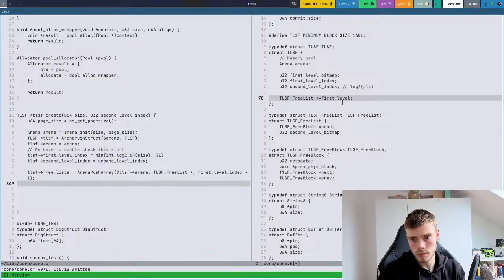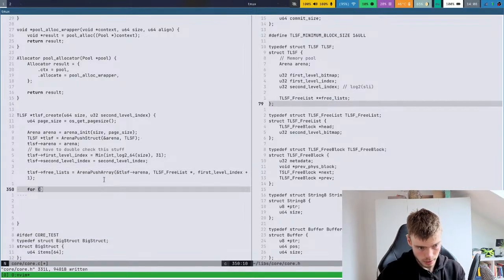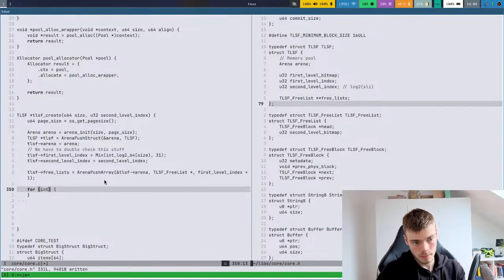First level free list, oh, free lists, I don't know. So this only contains a pointer, but then we also have to initialize size less than second first level index.